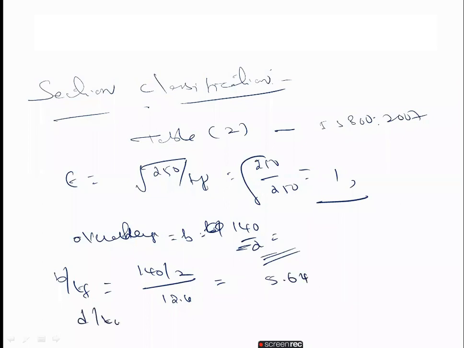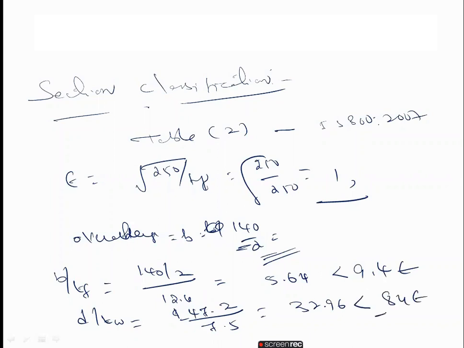Same like this, d by tw, where d we calculated as 247.2, the clear depth we calculated at the start. The thickness of the web is 7.5. You will get 32.96. So it is less than 9.4 epsilon and less than 84 epsilon.